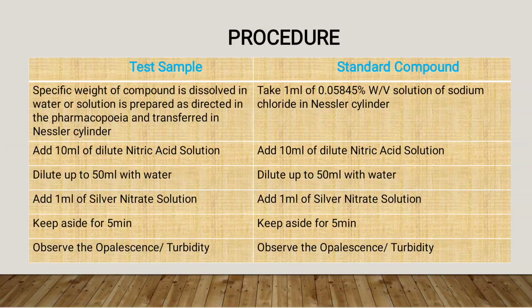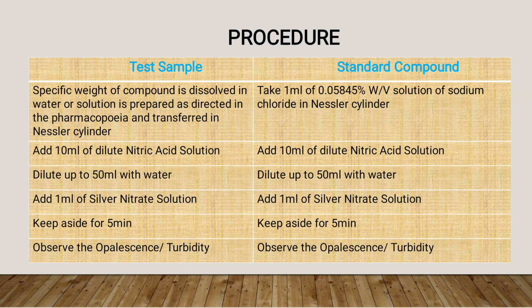For the test sample, take a specific weight of the compound on which we want to carry out the limit test. That specific weight of compound is dissolved in water, or the solution is prepared as directed in the pharmacopoeia, and transferred to a Nessler cylinder.